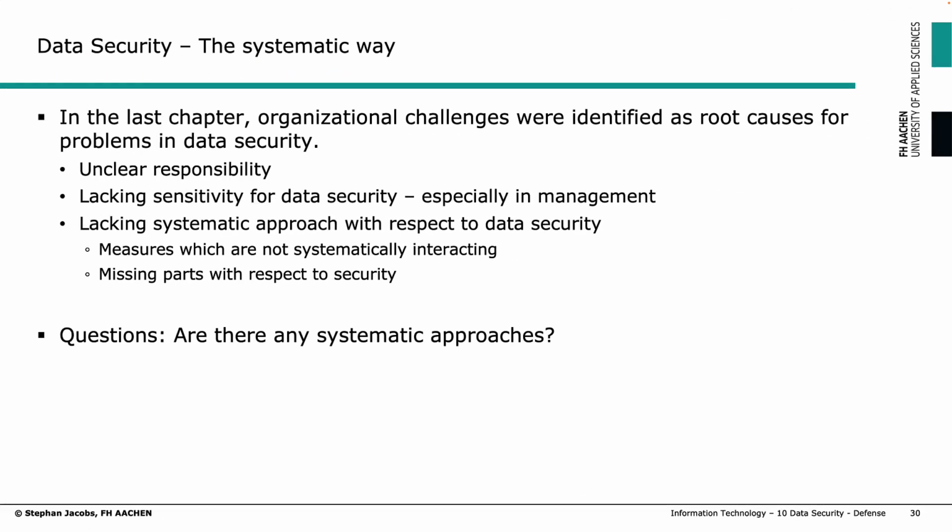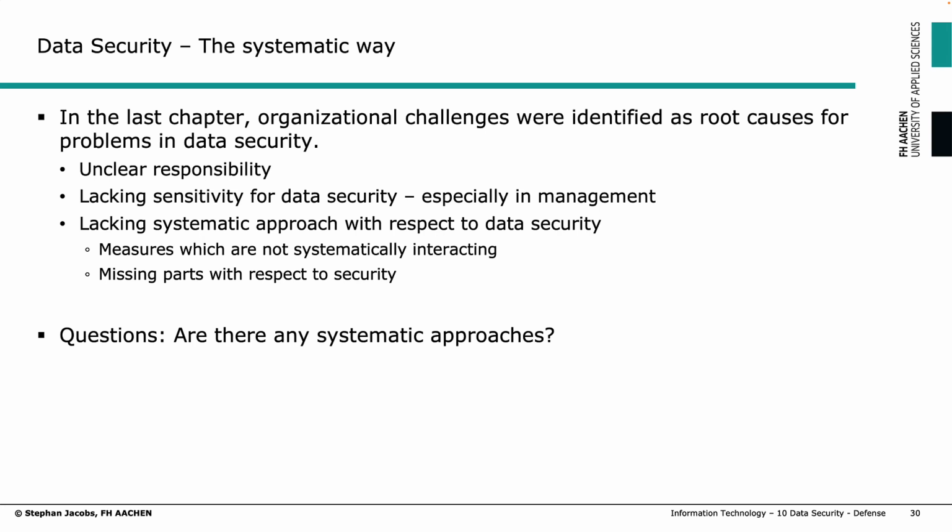Already in the last chapter we mentioned that you require a systematic way to data security. If not, you will just have a bunch of measures which maybe do not interact in the proper way. So these kind of organizational challenges were identified as root causes for problems in data security.